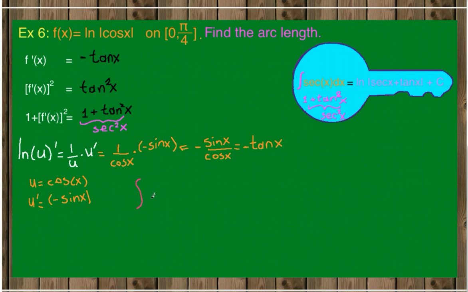So we can set up the integral. Our integral from a to b, in our case from 0 to pi over 4, of the square root of 1 plus f prime x squared, which is secant squared of x, dx.